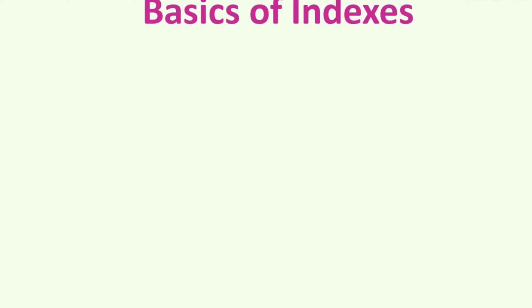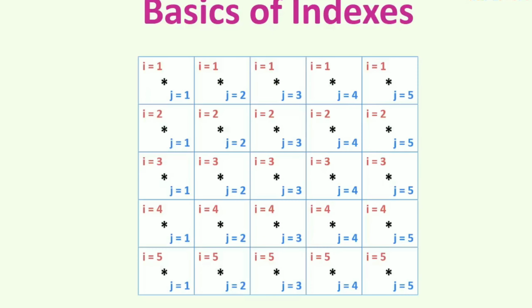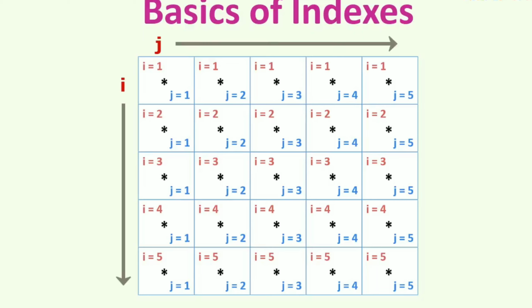Now let's understand some basics of square indexes which we will use to make different patterns. Let's put in the index value next to each star and understand them over here. As you know, we need two indexes i and j to go to a specific star.